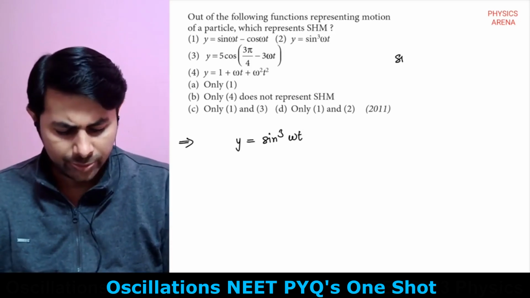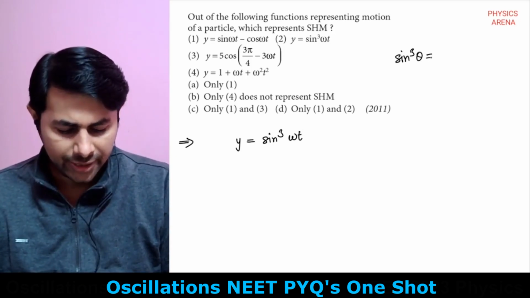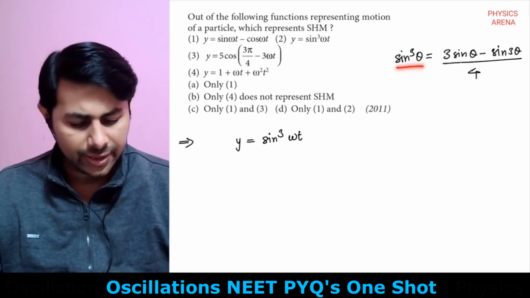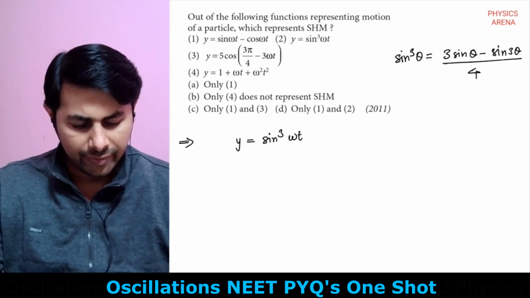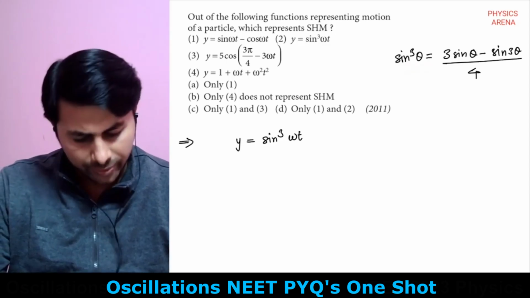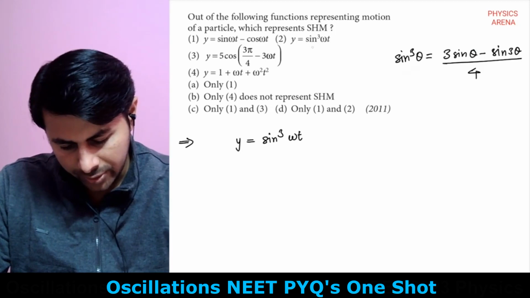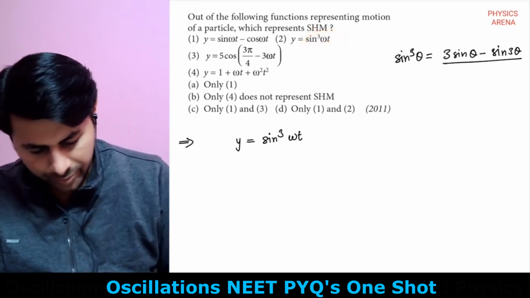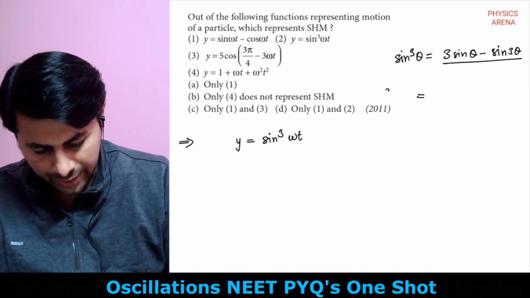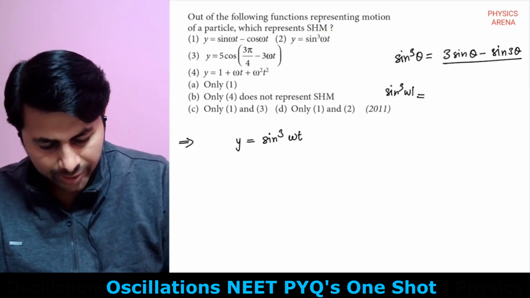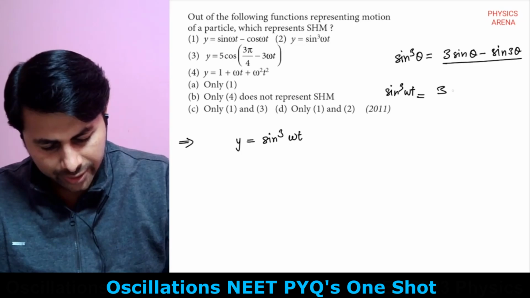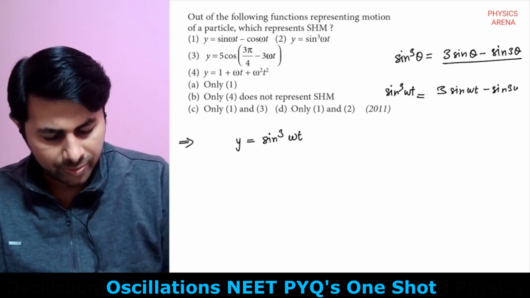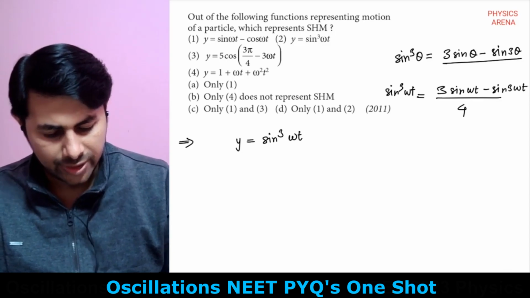Now we have this formula, sine cube theta equals 3 sine theta minus sine 3 theta upon 4. Here theta equals omega t. So if we write sine cube of omega t, we'll get 3 sine of omega t minus sine 3 omega t with this factor.